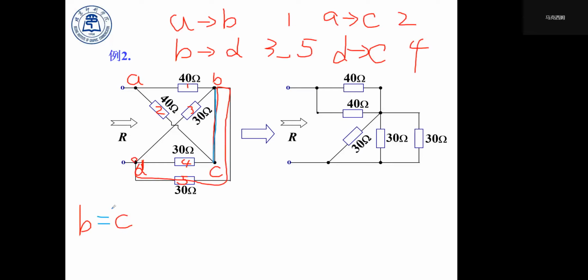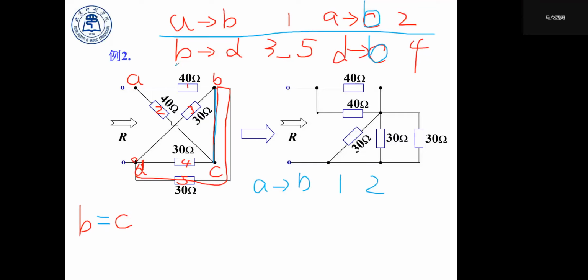So we can replace all this C point in this connection, and we achieve this relationship between A and B. We replace C with B. So between A and B, we have resistors 1 and 2.